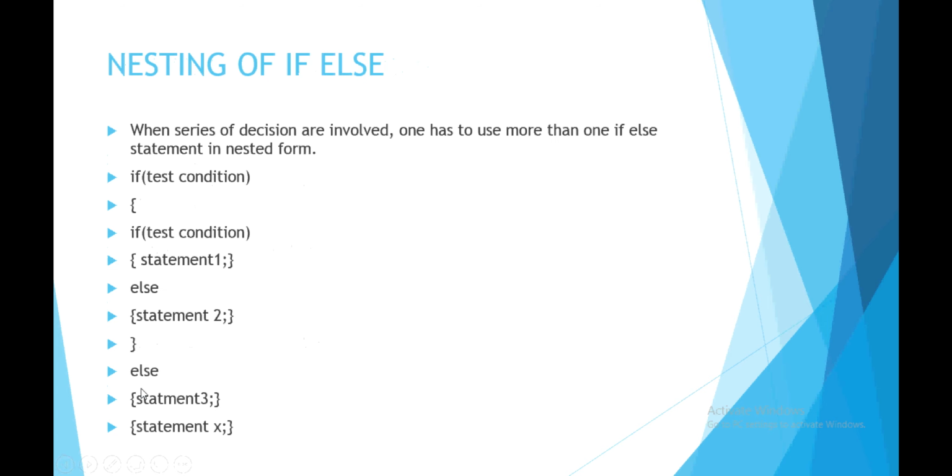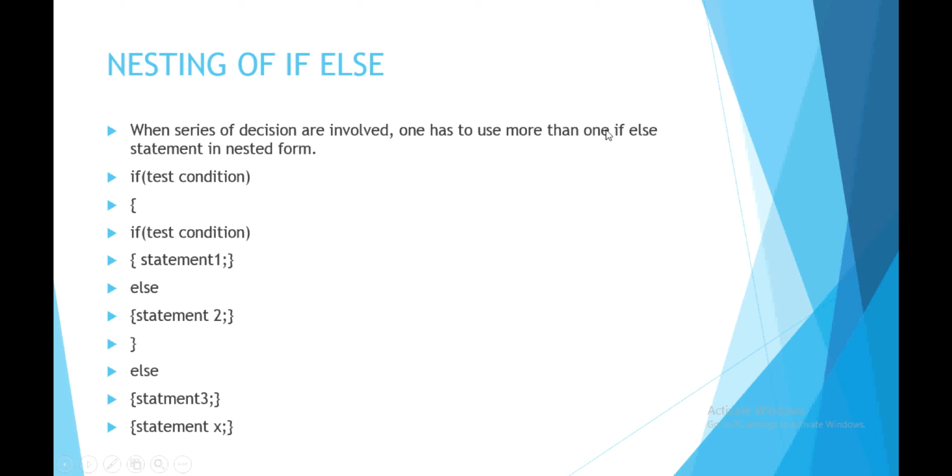Now one more code of if and else. There can be a condition where the output can be other than just if and else, or there can be many conditions. So when a series of decisions is involved, one has to use more than one else.